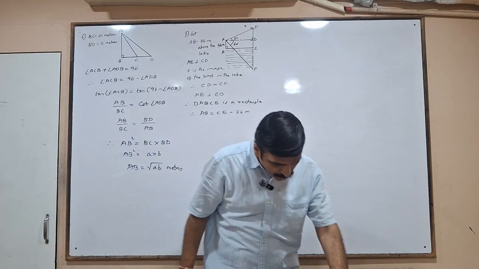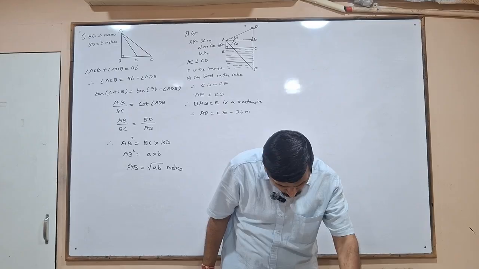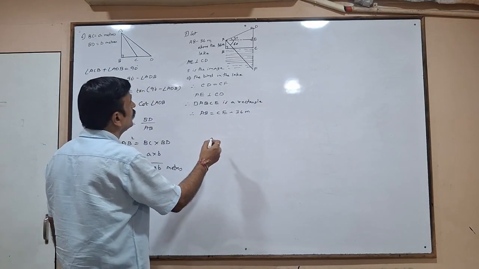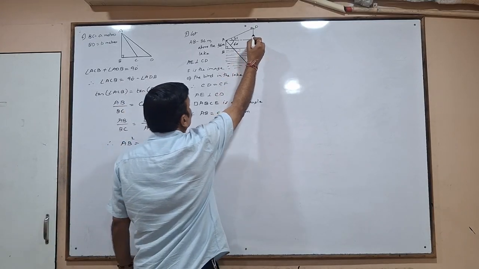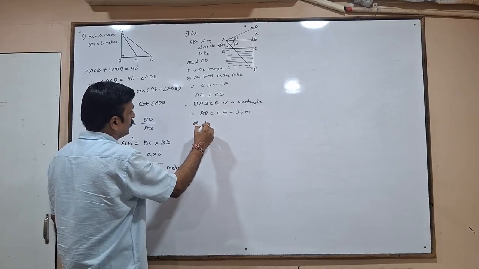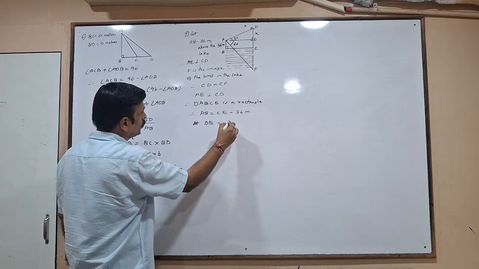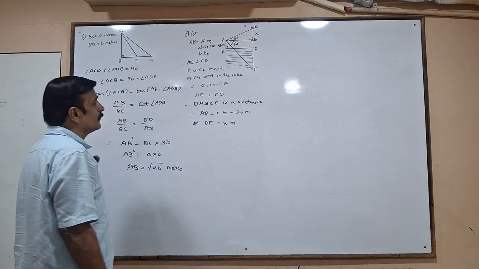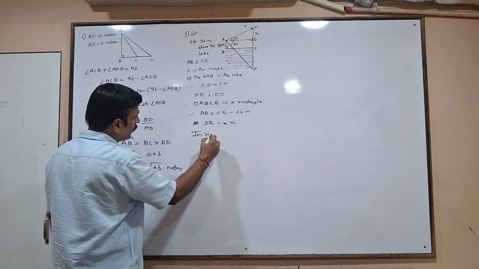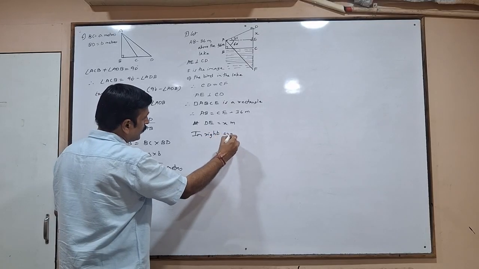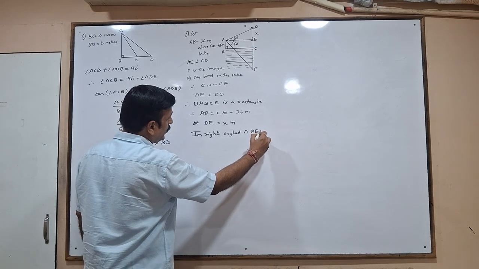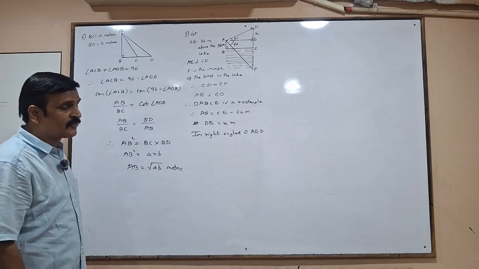Any other dimension given in the question? No. So, I'll take this as X. Let DE is equal to X meters. So, in right angle triangle AED. Now why will I select this triangle?